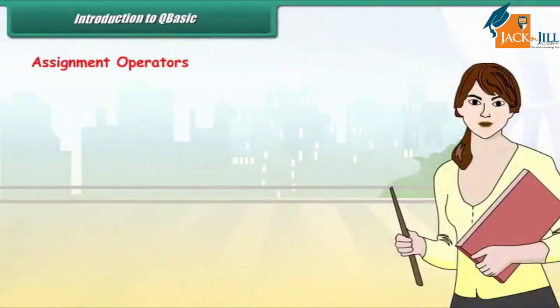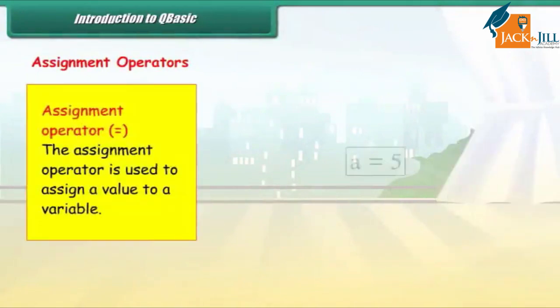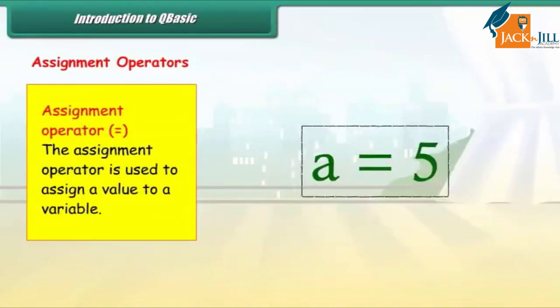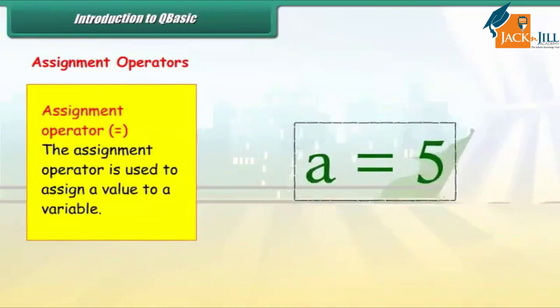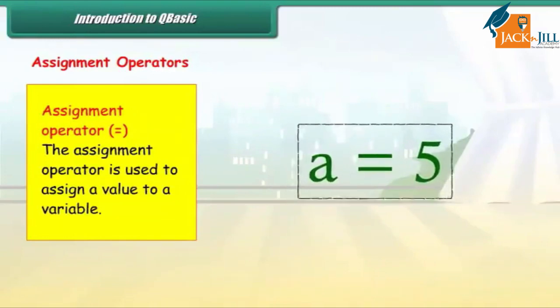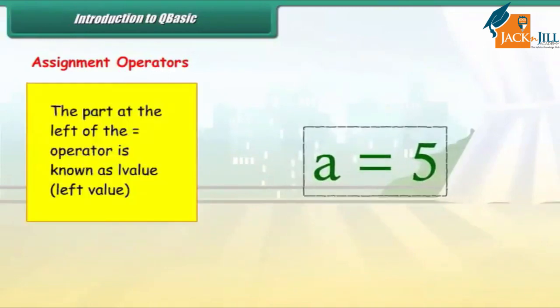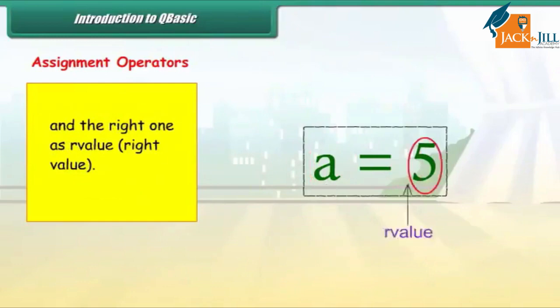Assignment operator. The assignment operator is used to assign a value to a variable. The part at the left of the equals operator is known as the L value and the right one as the R value.